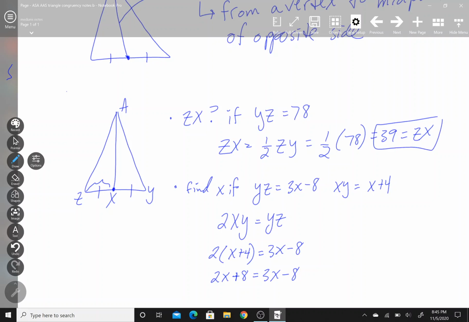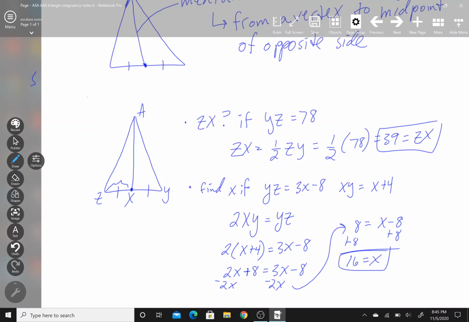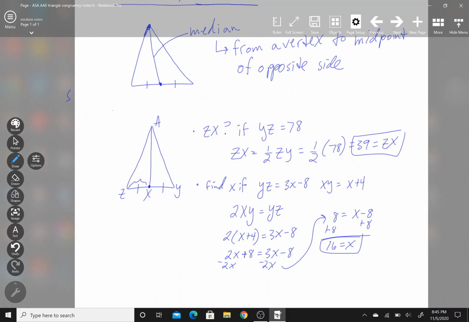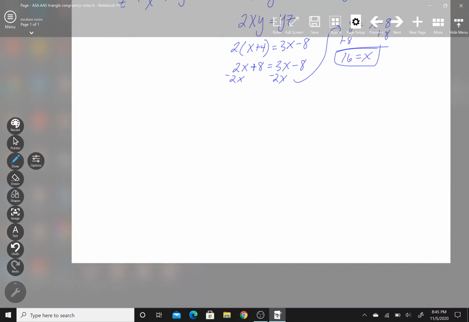All right, we need to solve this for X. So I'm going to take away 2X, take away 2X, and I'll go up here. So 8 is equal to X minus 8. Add 8 to both sides. So X is 16. All right. So that's the general part about a median and that side there.